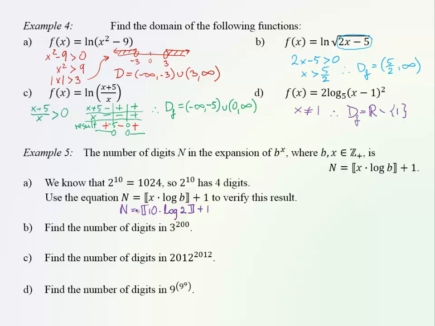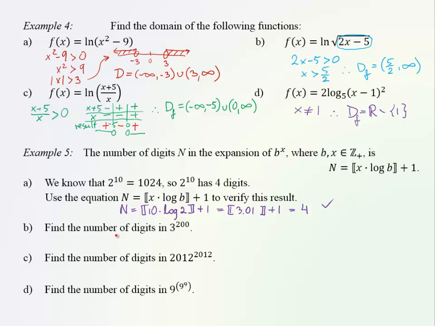So our n equals, when you use your calculator, plug it in 10 times log, so push the button log, not ln, of 2, you end up with approximately 3.01 and some other digits, but that's not important for the greatest integer, and then plus 1. So the greatest integer of this number is really 3. 3 plus 1 is 4. Yes, it checks. Yes, indeed, 2 to the 10 has 4 digits.